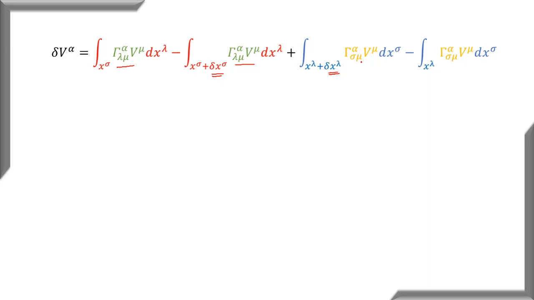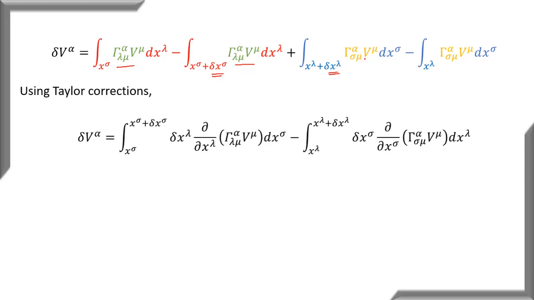We can use the binomial theorem and use the second order Taylor corrections here. If you do not know what the second order Taylor correction is, I recommend you go back to the Liouville's theorem in Hamiltonian dynamics, where we have done this using second order Taylor corrections.